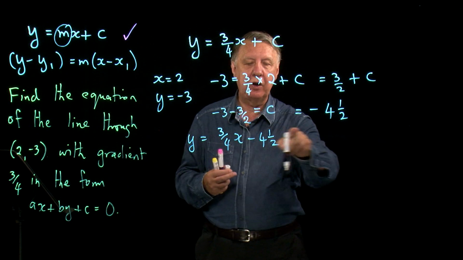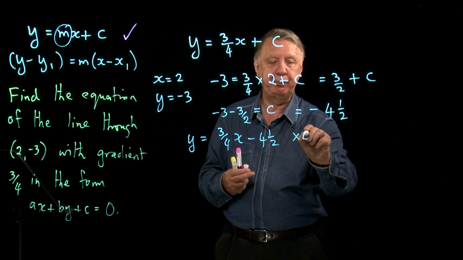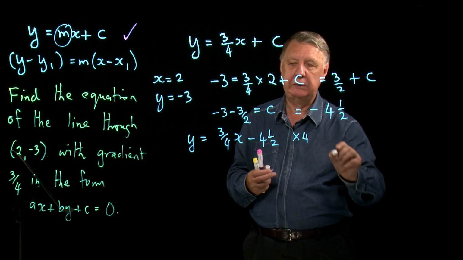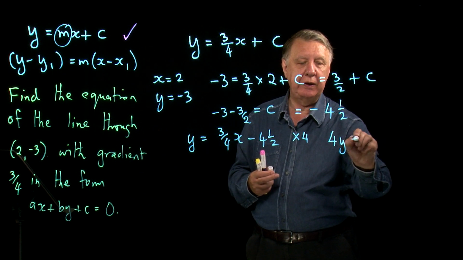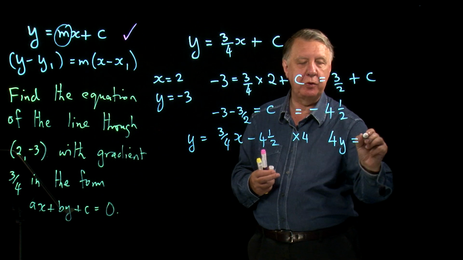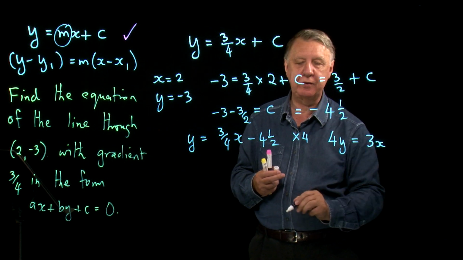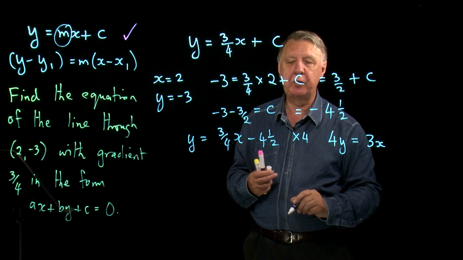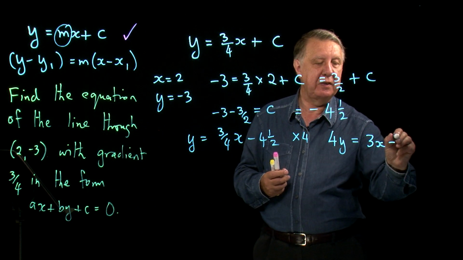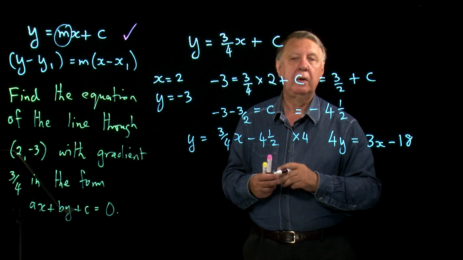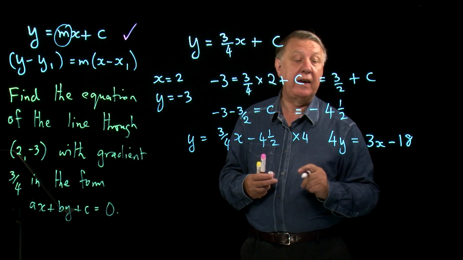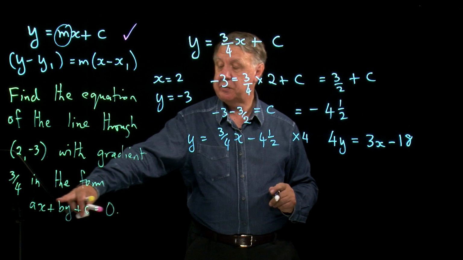So if we multiply the whole equation by 4, we will get 4y equals 3/4 times 4 is 3x, and 4 times 4.5 is 18. We're nearly there, but we're not yet at this point here.